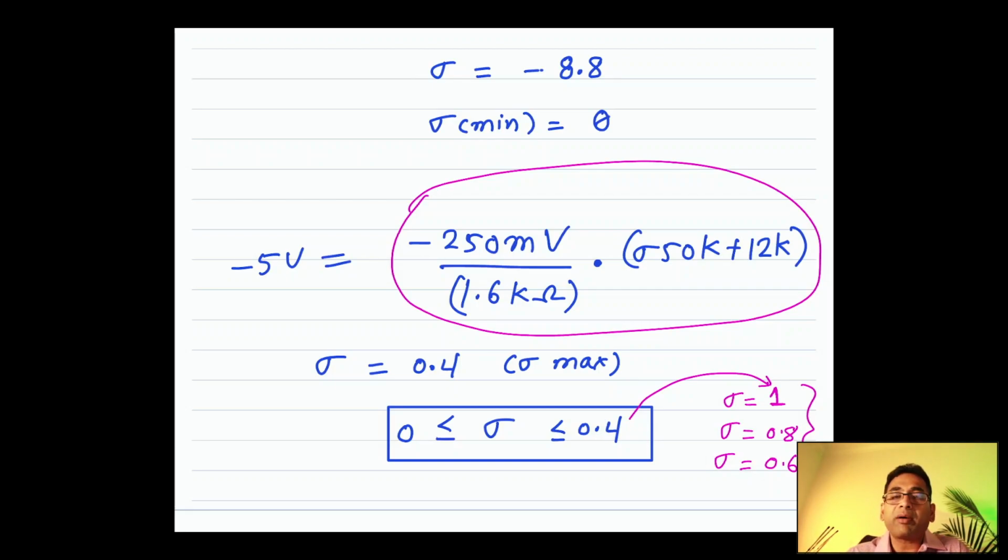Your op amp will go below negative VCC or above positive VCC, which means it's saturating.